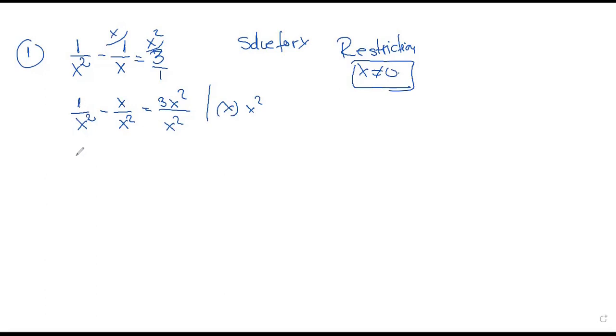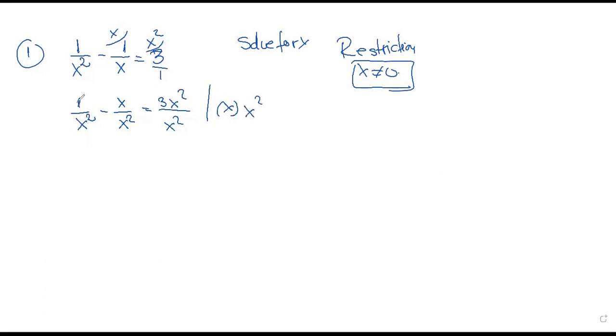No, it becomes 1. If you multiply x squared with 1 over x squared, you get 1.